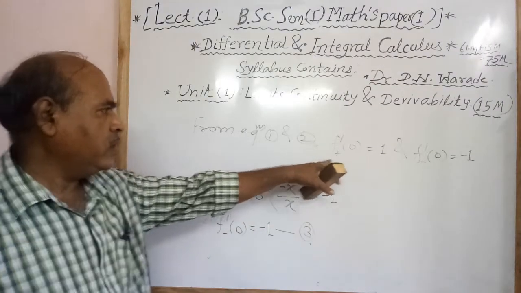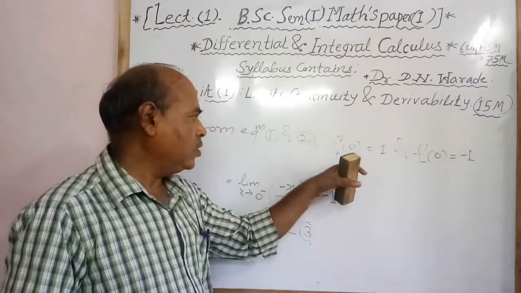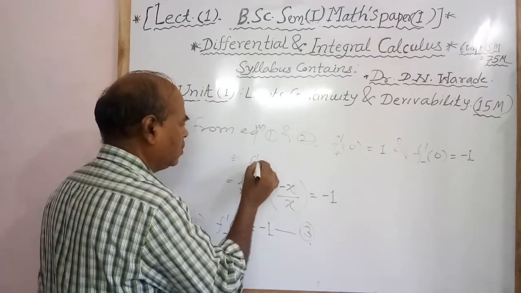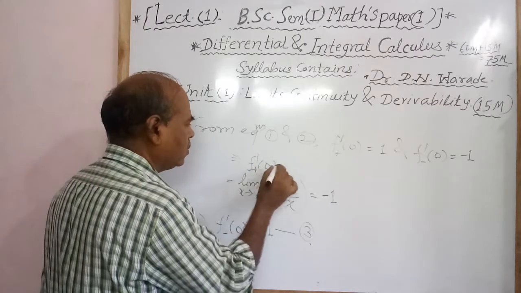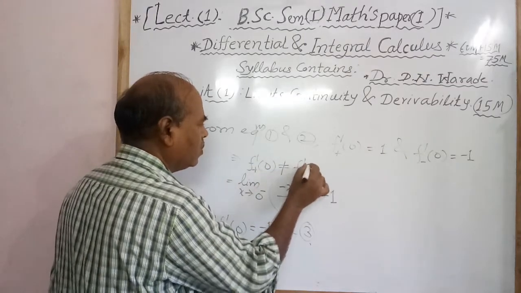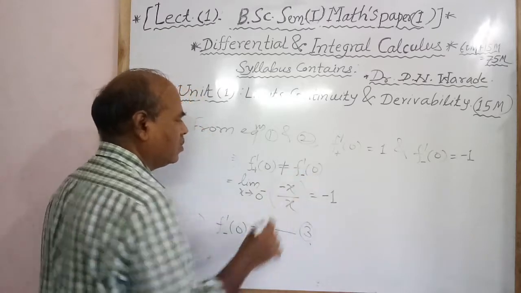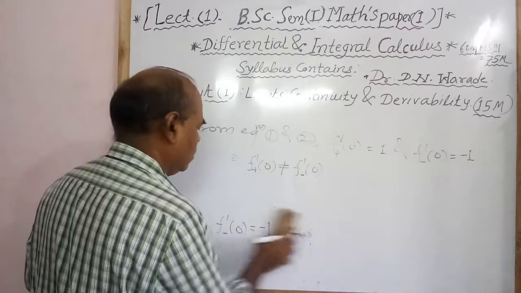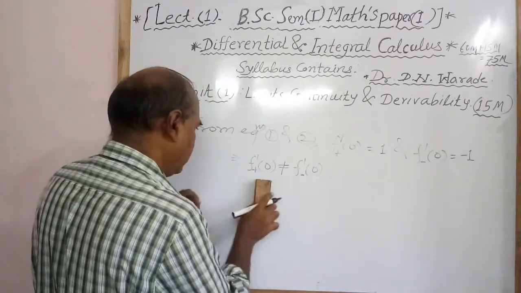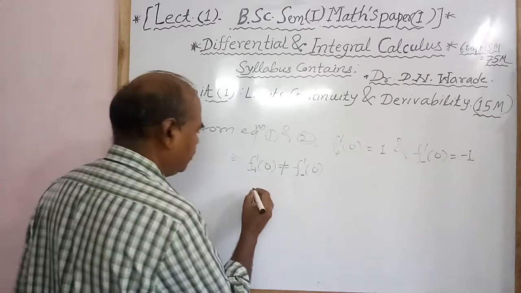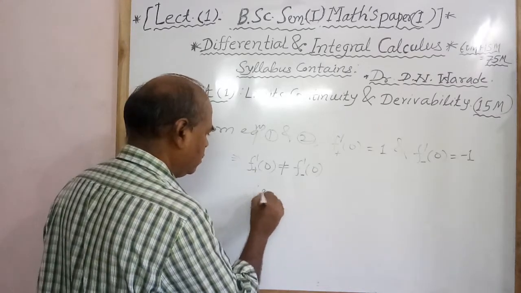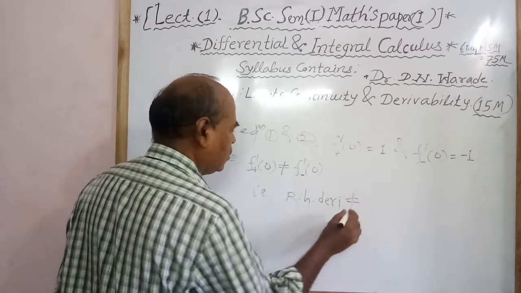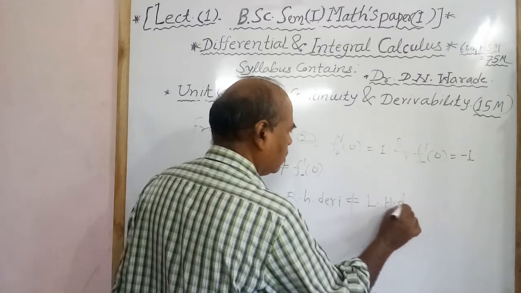That is, the right hand derivative and left hand derivative are not equal, they are different. Therefore f dash of 0 plus is not equal to f dash of 0 minus. That is, right hand derivative is not equal to left hand derivative.